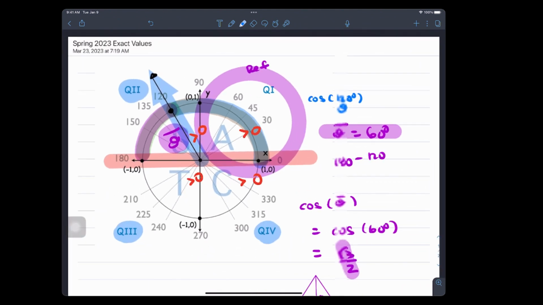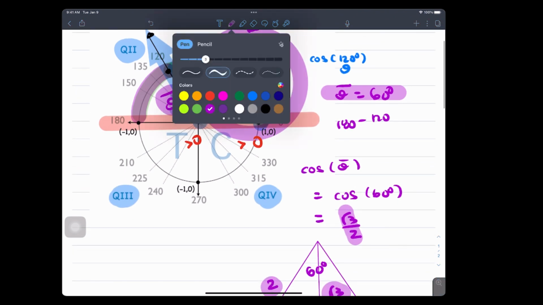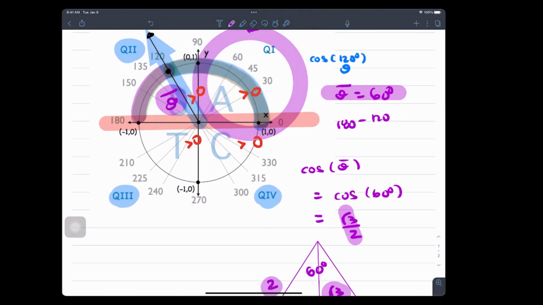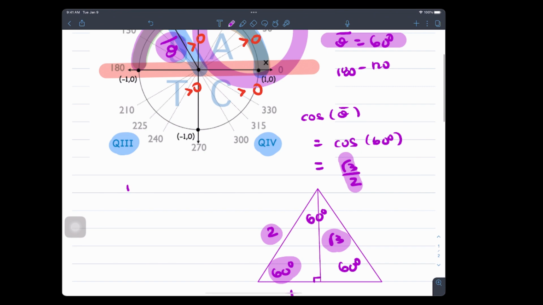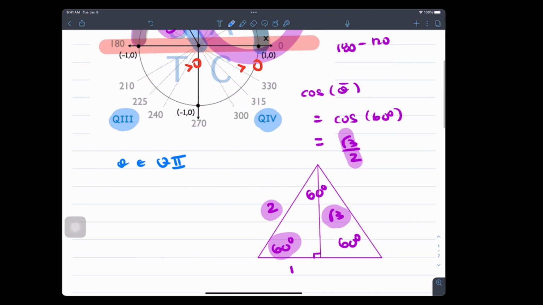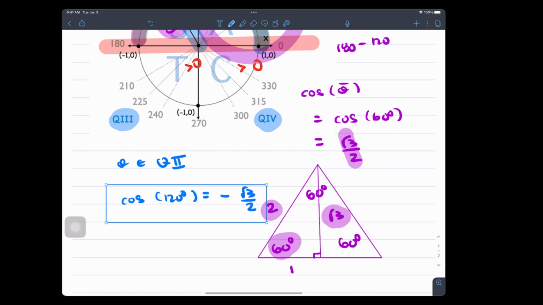In quadrant 2, sine is positive. So if theta is in quadrant 2, what that means is cosine of 120 degrees is going to be negative square root of 3 over 2. Not positive, but negative.